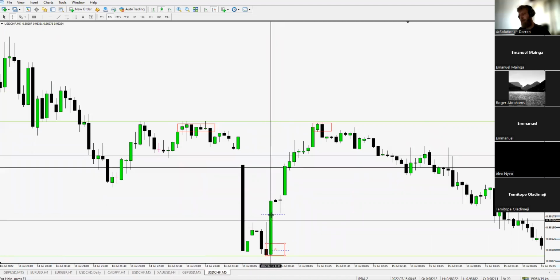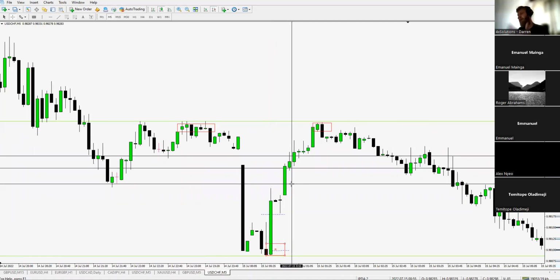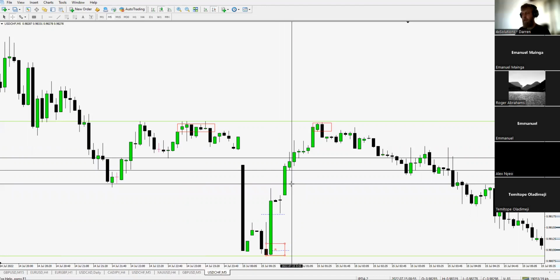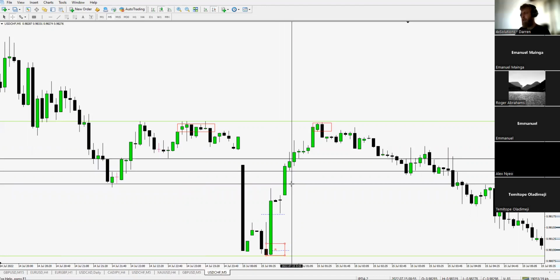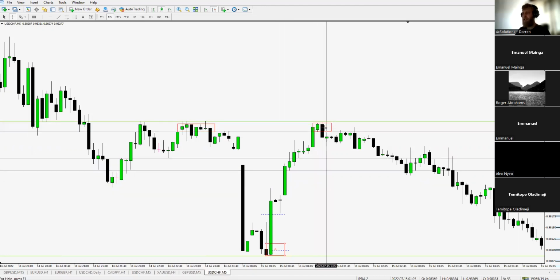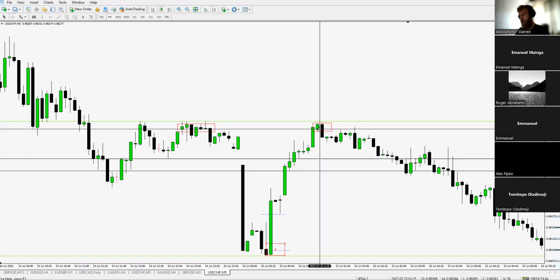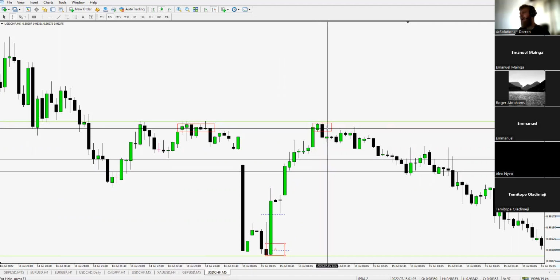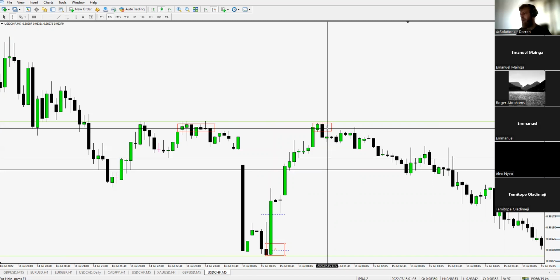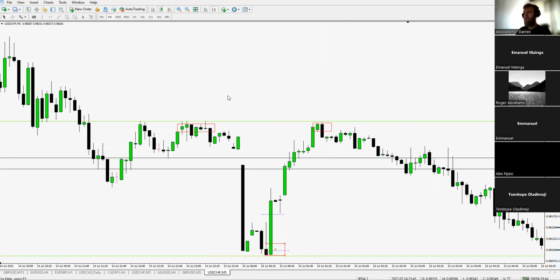So void, old low, order block, those are your institutional reference points. So as much as this is a reason to get in a trade, it's an institutional reference point of an order block. An institutional reference point can be a reason to exit the trade. So basically, you could trade from order block to order block, or order block to void, or void to order block, or void to old high, or old high to order block, sort of internal, external range liquidity over here.